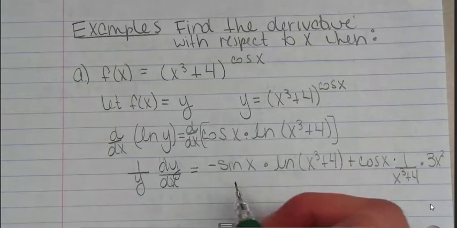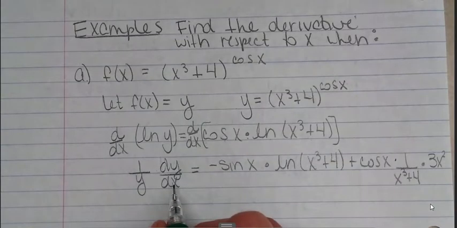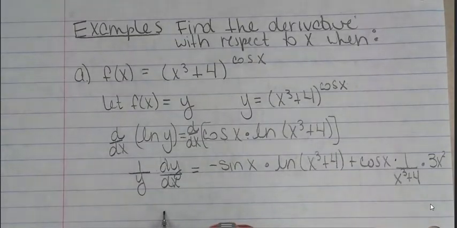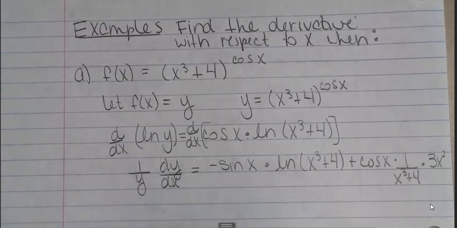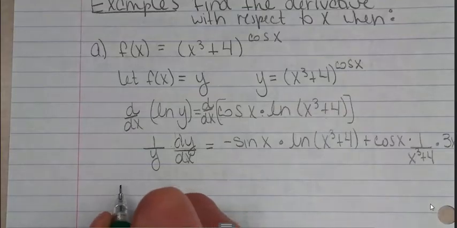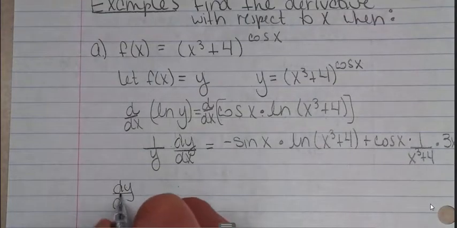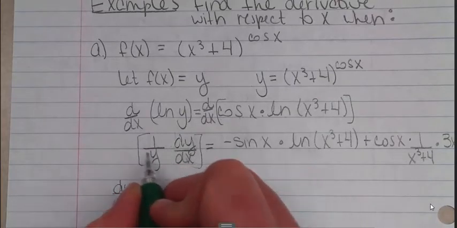Okay. So I have two terms here that I maybe should simplify. Actually, I'm going to get rid of this y right here, and I'll just go ahead and multiply it to the side, just so I can make myself a little bit more room. So I'm going to have dy dx equals, and now I'm going to multiply both sides by y here.